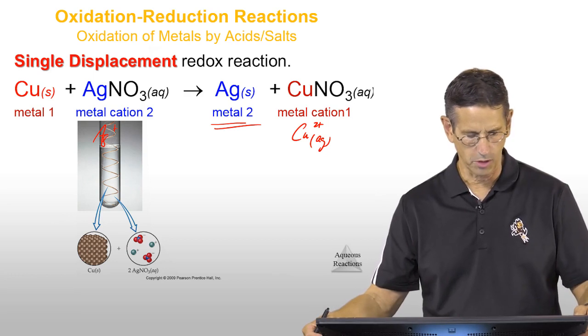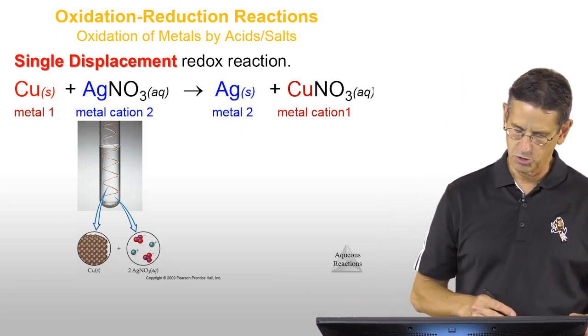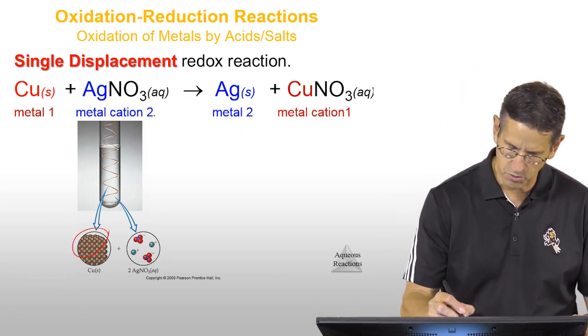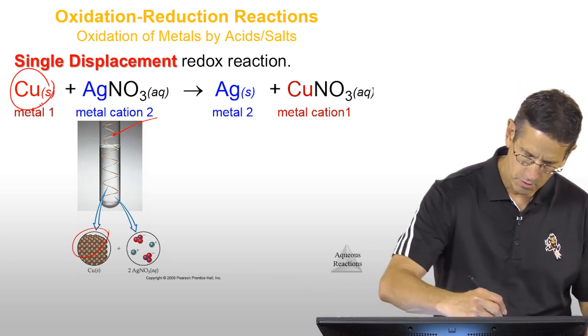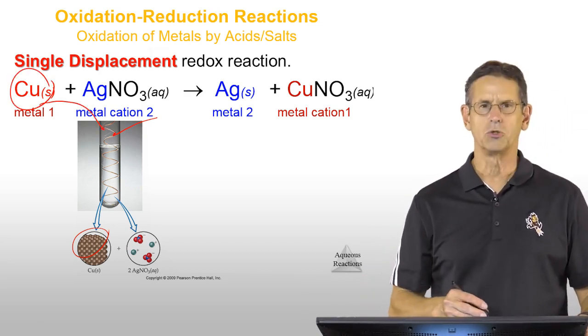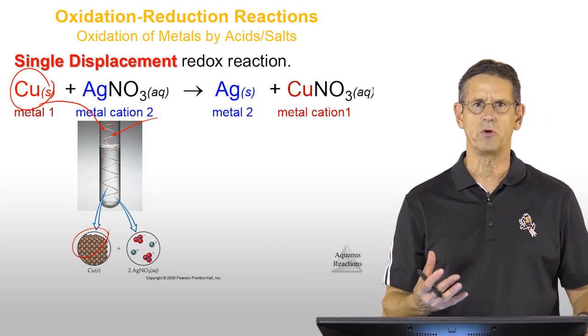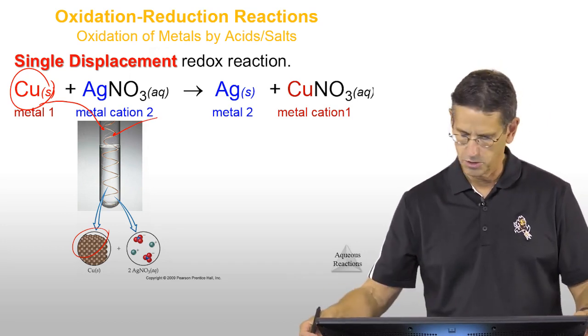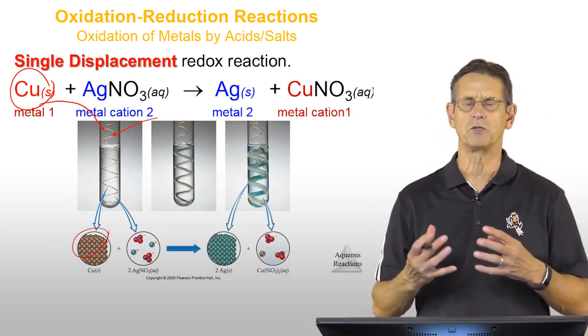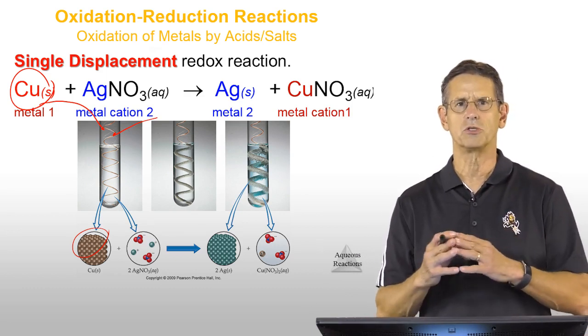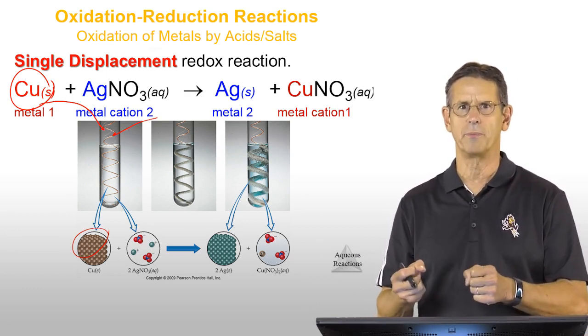Okay, this is what it would look like. Right? In this picture, we're showing copper metal, which is this wire, in a solution of silver nitrate. If you let it sit over time, what happens is the wire actually starts to look fuzzy. And what that is, the silver is actually plating out on the copper wire.